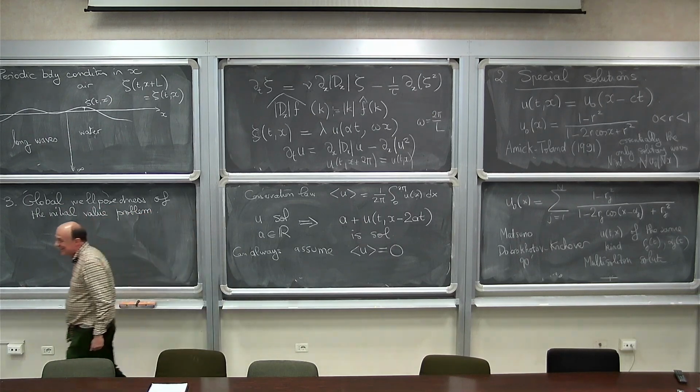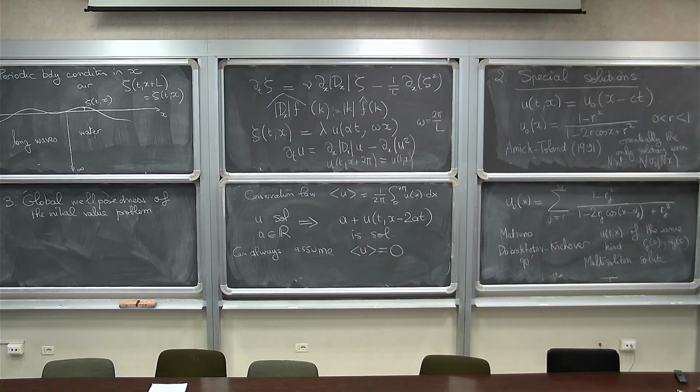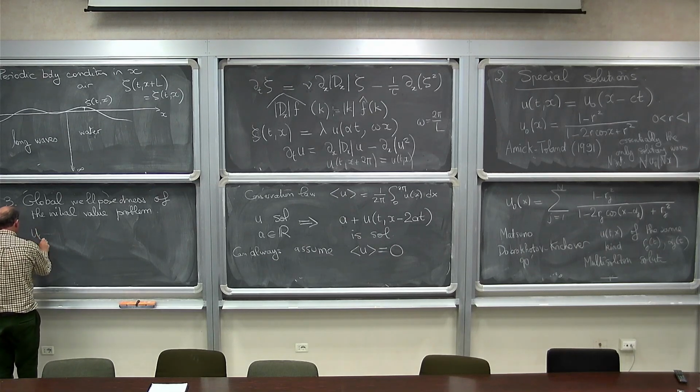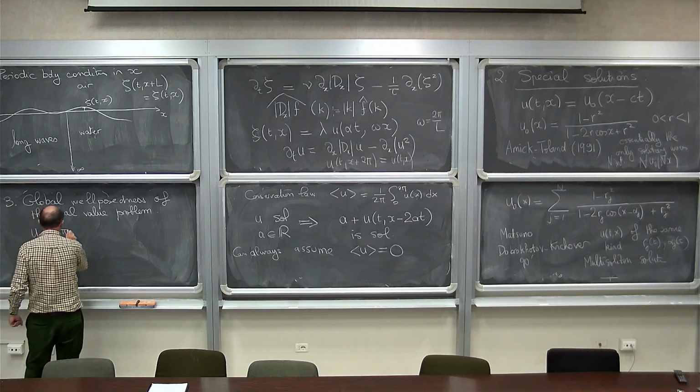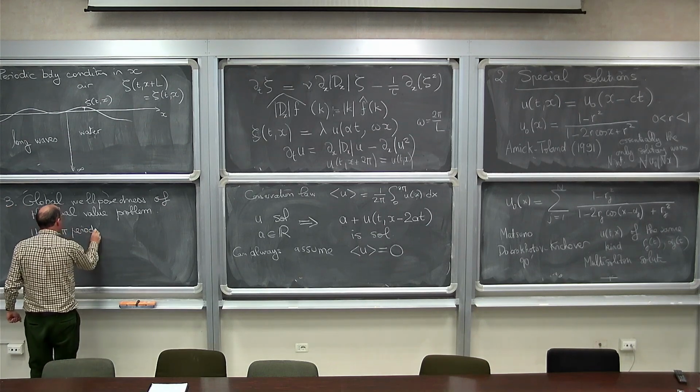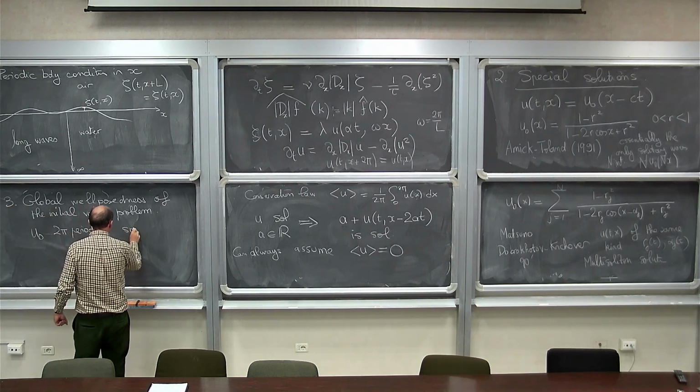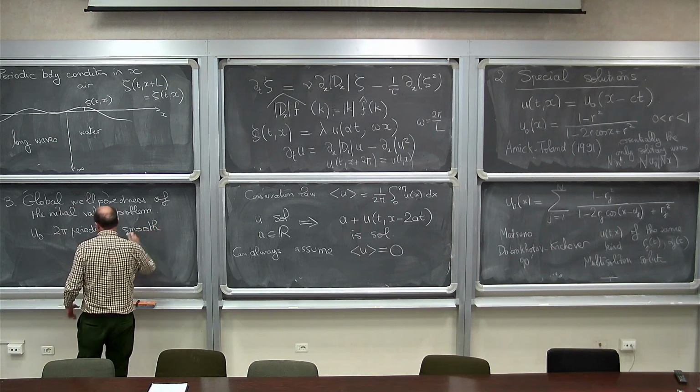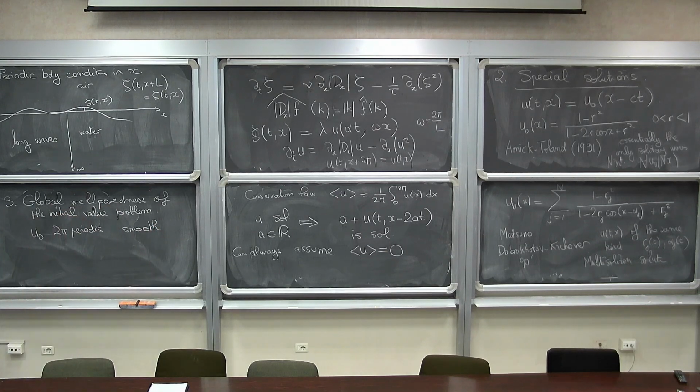Okay? So imagine I'm given a function u0, which is 2 pi periodic. Let me assume it's smooth. Of course, all of my functions are supposed to be real valued, okay? And it's important. So it's real valued.